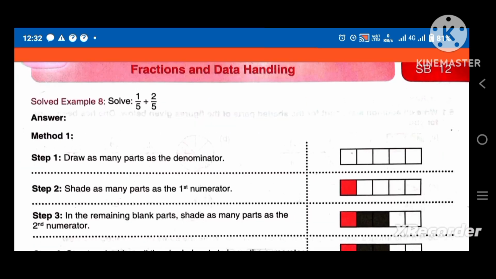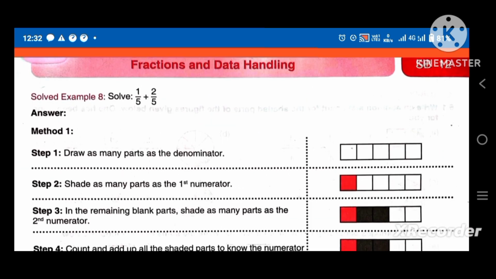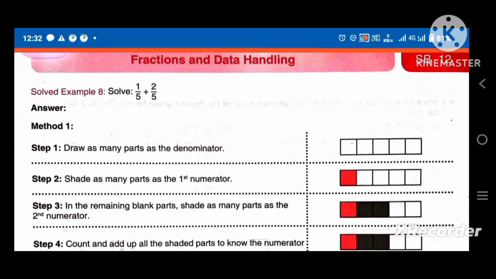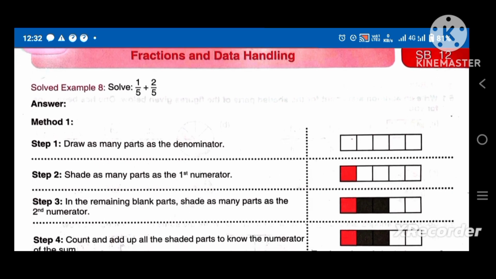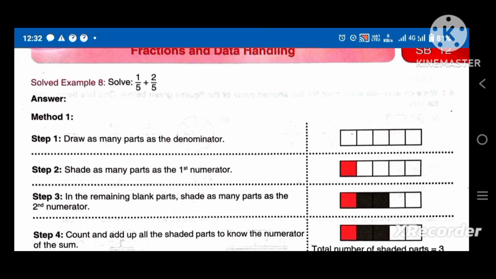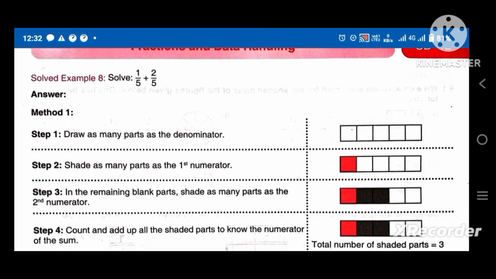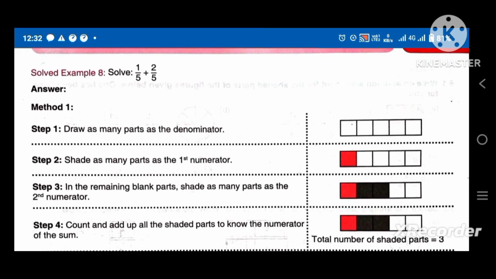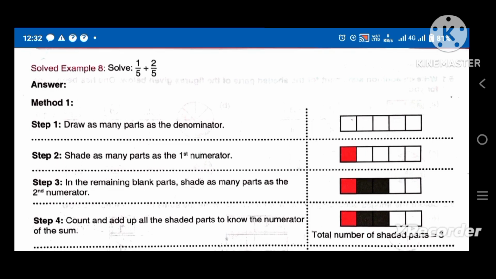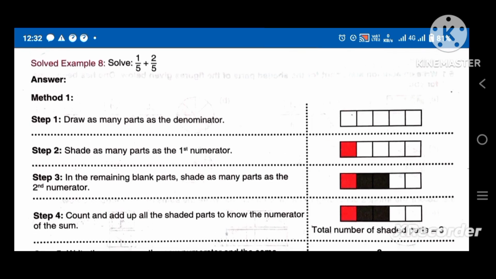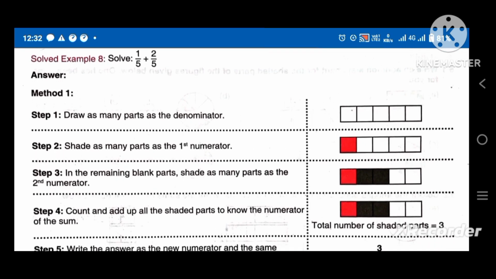Solved example 8. Solve 1 by 5 plus 2 by 5. Answer. Method 1. Step 1. Draw as many parts as the denominator. The denominator is 5, so we draw 5 boxes. Step 2.